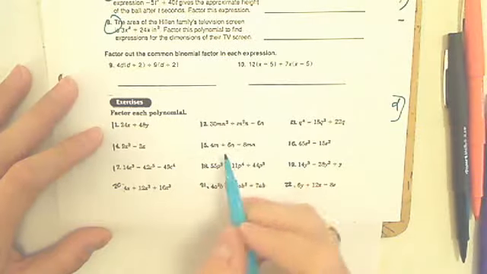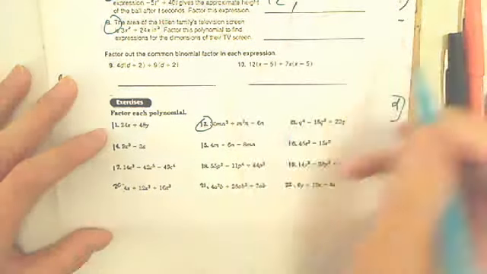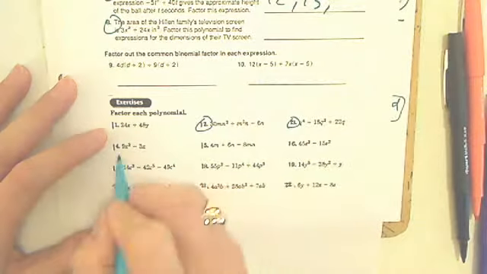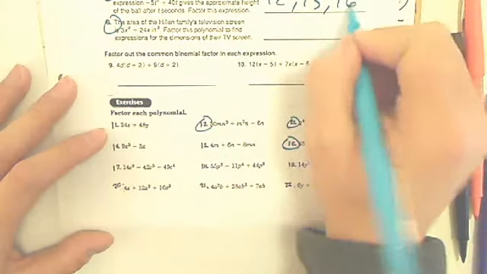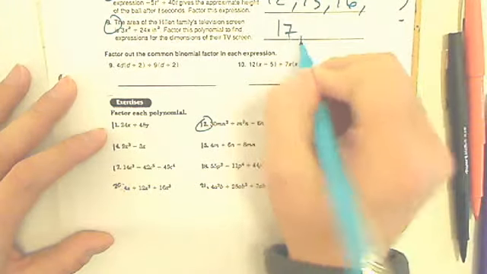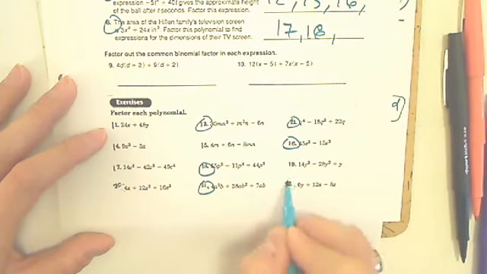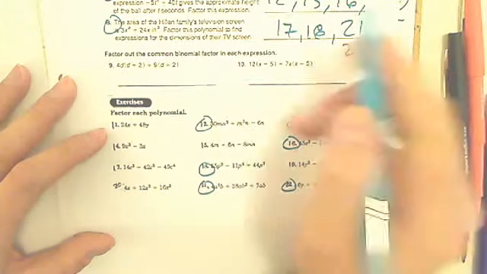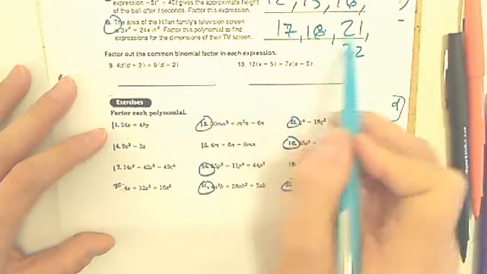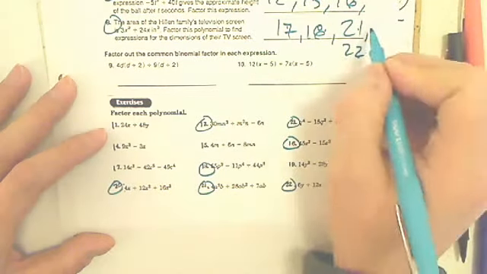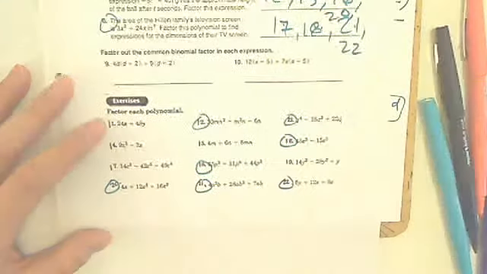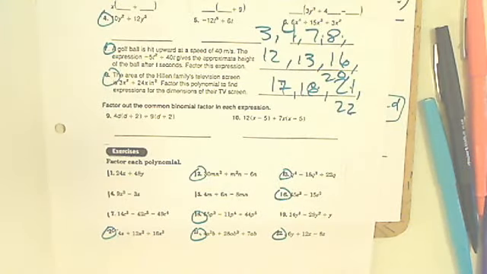I'm going to skip down to the bottom here: 12, 13, 16, 17, 18, 20, 21, and 22. That's 12 problems.